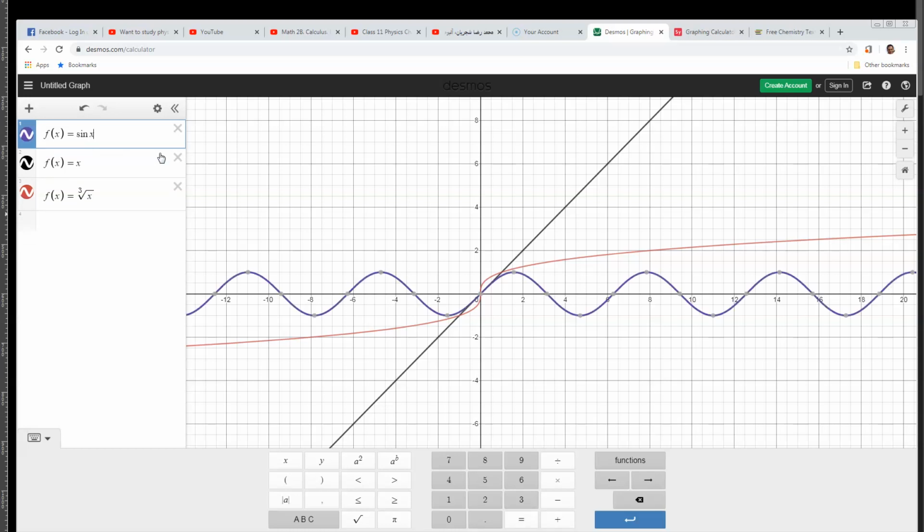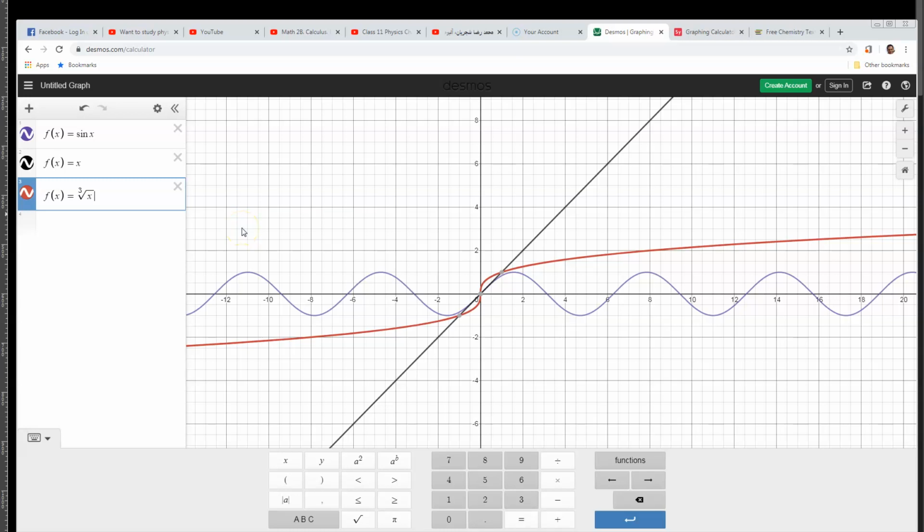So this graph, this purple graph, is not exactly purple, whatever the color is, something like blue or purplish blue. The sine function is basically this function here.